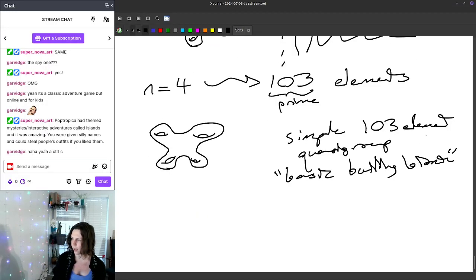Because I don't have any better understanding of what this 103 element thing would look like, I'm going to have to use the computer if I want to experiment at first, because I can't do this by hand. It would take forever. It's too tedious. So I'm going to use the computer to see if I can find any sub-quasigroups, some subsets that are closed under the operations.